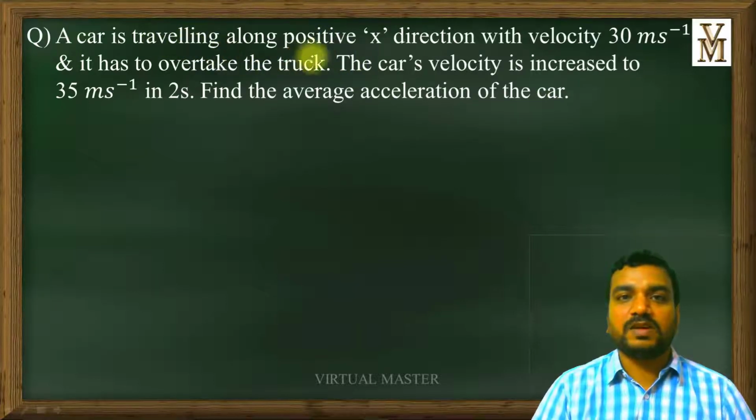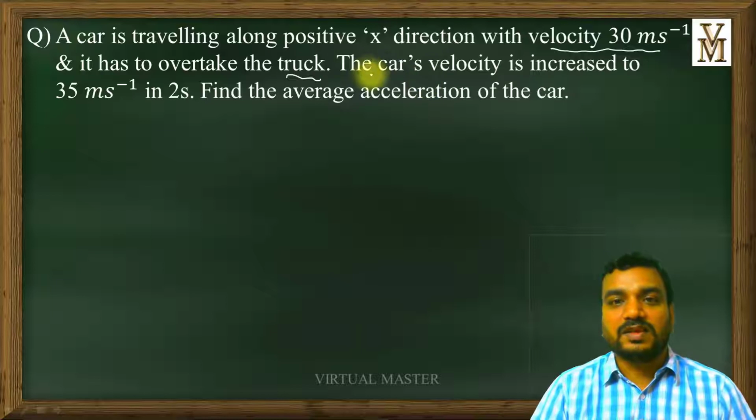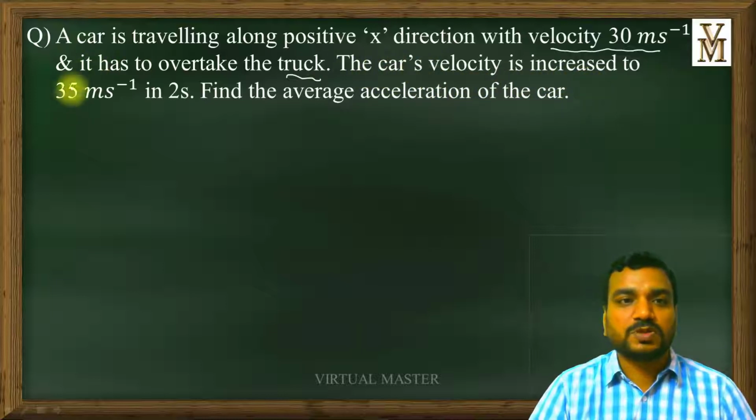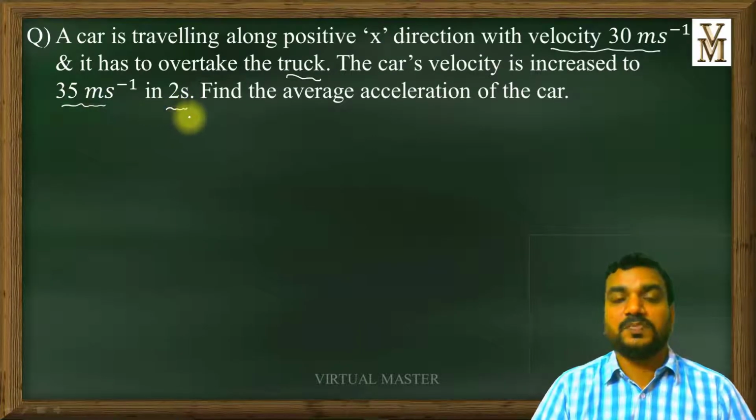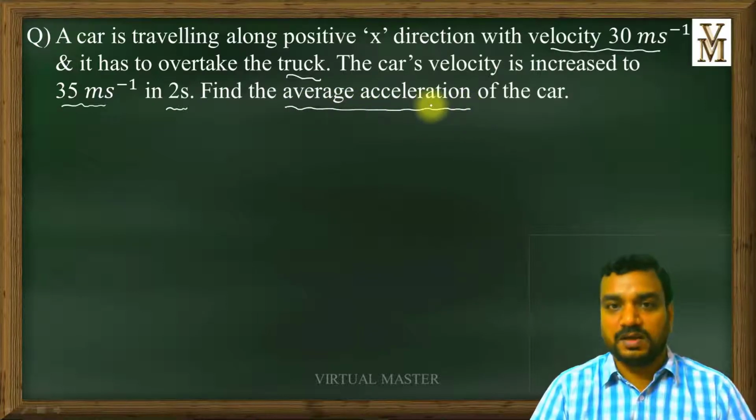A car is traveling along the positive x direction and its velocity is 30 meter per second. And the car has to overtake the truck. Now to overtake the truck, the velocity of the car should be increased, isn't it? The car's velocity is increased to 35 meter per second and the time taken to increase the velocity is 2 seconds. Now in this case you have to find the average acceleration of the car.